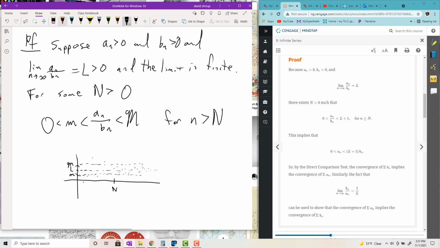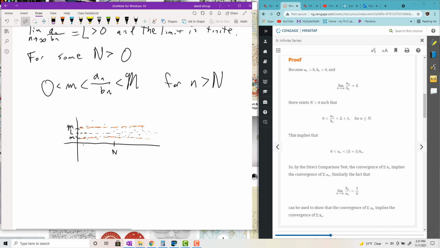So big M is up there, little m is down there from the strict definition. So for some n greater than big N, we can make this an inequality. And then we can multiply through by b sub n. You know, why not?